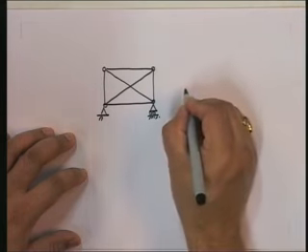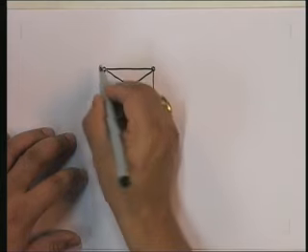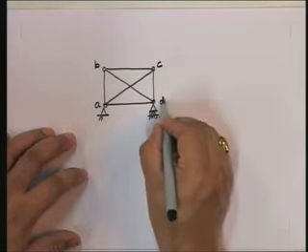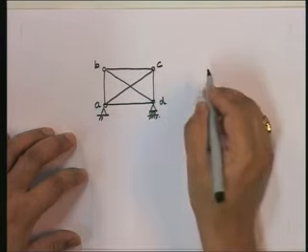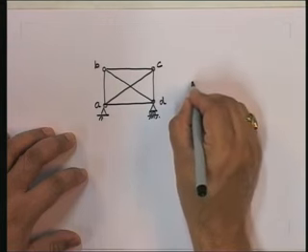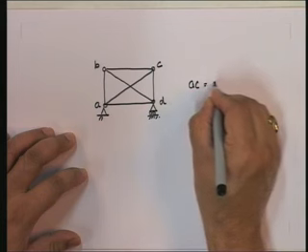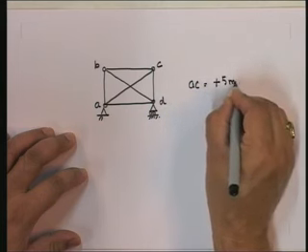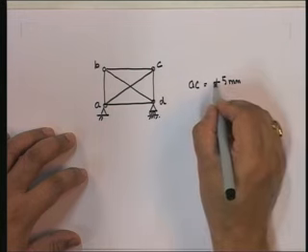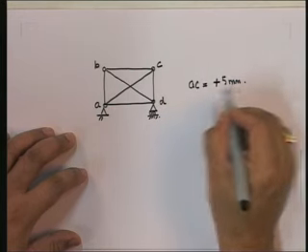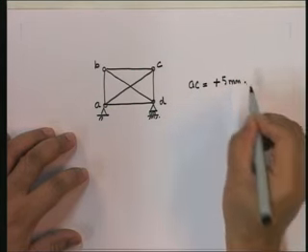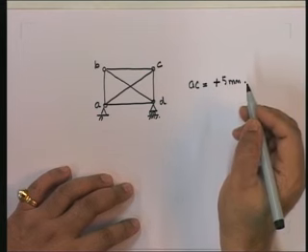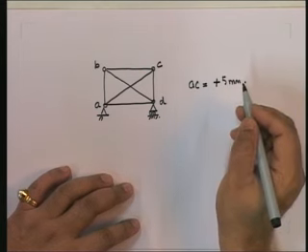The only thing is that this is A, B, C, D. The only thing that we are trying to find out over here is that actually AC has a positive lack of fit. In other words, member AC is 5 millimeters longer than it should be.